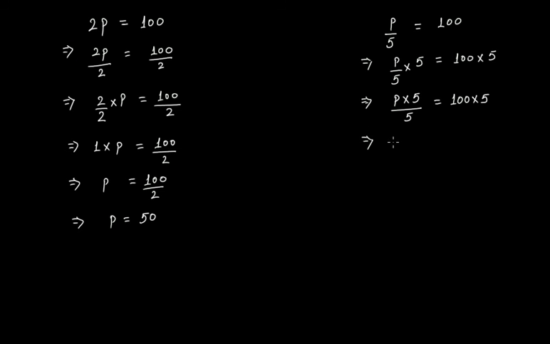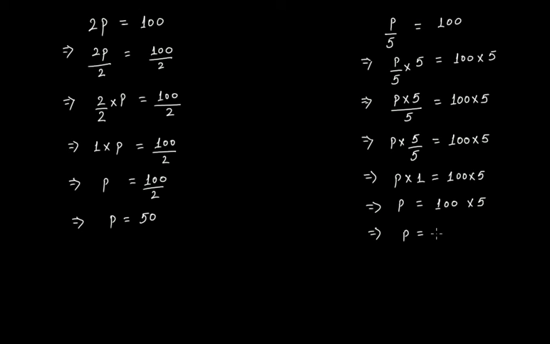This will be p times 5 over 5 equals 100 times 5. This is p times 1, because 5 divided by 5 is 1. This is 100 times 5. This is p equal to 100 times 5, or p is equal to 500. Okay, so in the multiplication case p is equal to 50, and in this case p is equal to 500.